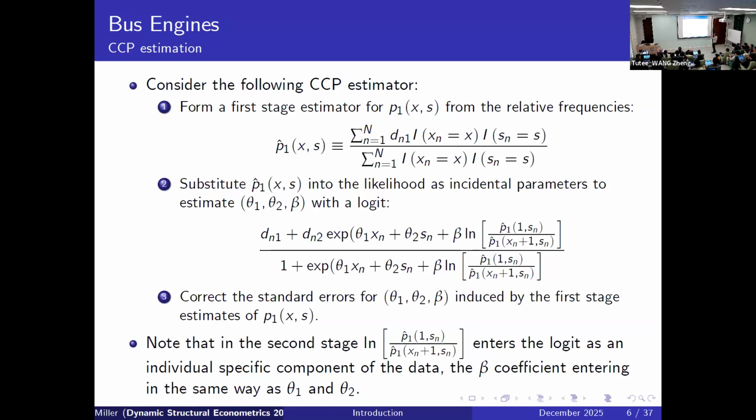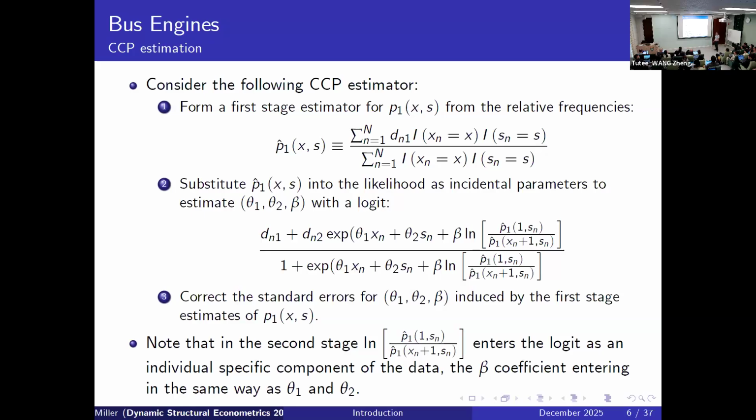For those we just take some relative frequencies. What's the probability, the relative frequency, that they'll replace the bus when they've got this many miles and it's this type of bus? Well, that's just this frequency estimate. Plug it in here. Put that frequency in here. Do that.